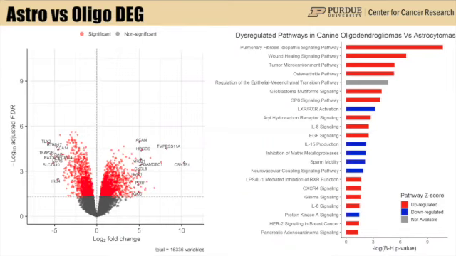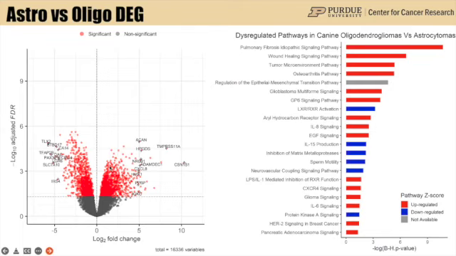In the previous figures, we weren't seeing a lot of differences between astrocytomas and oligodendrogliomas in terms of the immune modulators, possibly slightly more downregulation in the oligodendrogliomas, but it's hard to be sure.